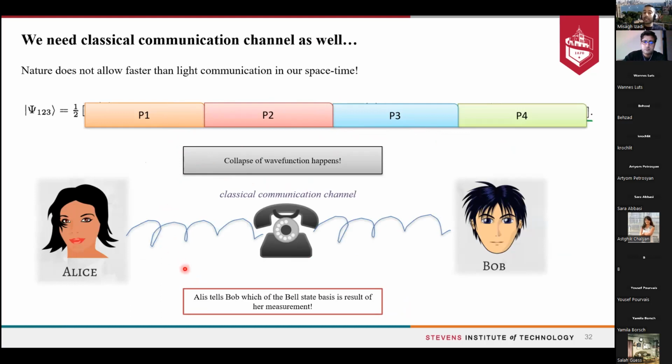Once the collapse of the wave function happens, Alice already has one of these possible situations. But Alice at this step needs to tell Bob which of these probabilities is the result of her measurement, because Bob wants to reconstruct the initial state, the initial photon, right? So she has to use a classical communication channel to tell Bob the result of her measurement.